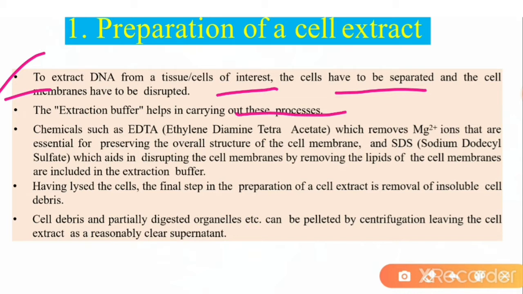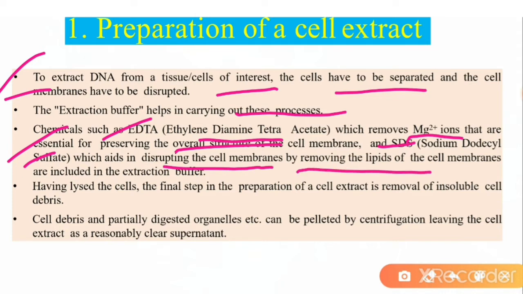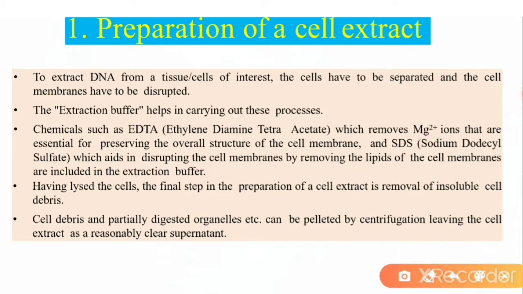Chemicals such as EDTA, which stands for ethylenediaminetetraacetate, which removes magnesium ions that are essential for preserving the overall structure of the cell membrane, and SDS, which stands for sodium dodecyl sulfate, which aids in disrupting the cell membranes by removing the lipids, are included in the extraction buffer. So the extraction buffer is mainly made up of EDTA and SDS, which are helpful in the disruption of the cell membrane.